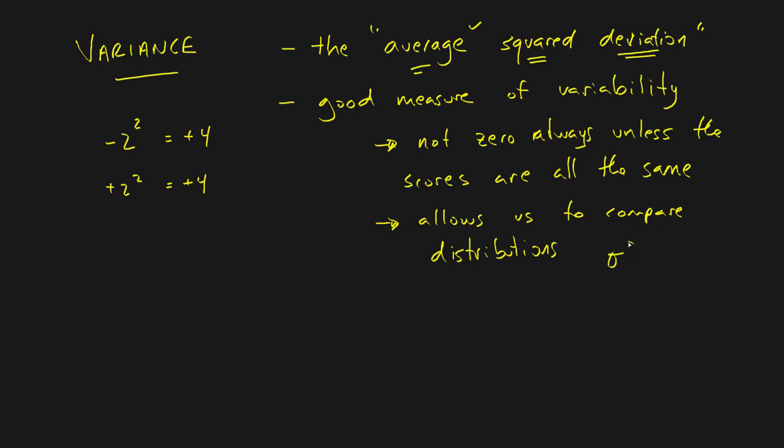As the variance goes up, that means that variability, variation, has also gone up. If the variance is a lower number, that means that there is less variation. So this is a good measure. Variance works for us. However, it has its own problem.